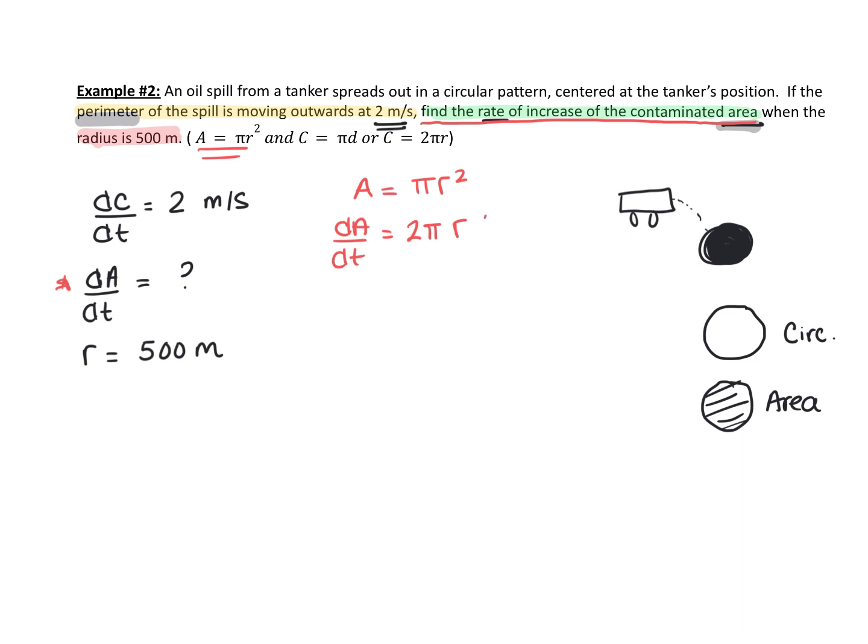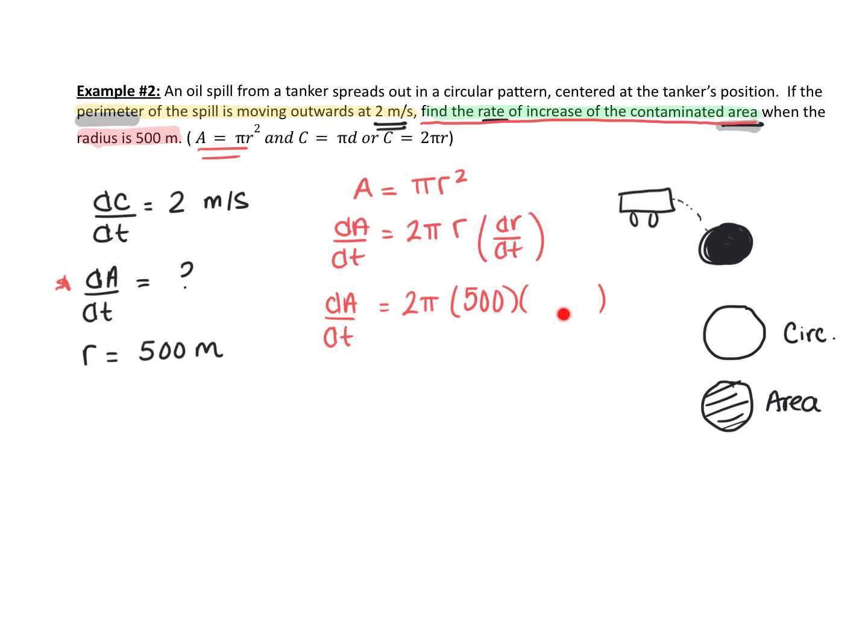And since I took the derivative with respect to r, I need a dr/dt. So dA/dt will be found by taking 2 times pi times my radius, which is 500. And then I just need to plug in my dr/dt.